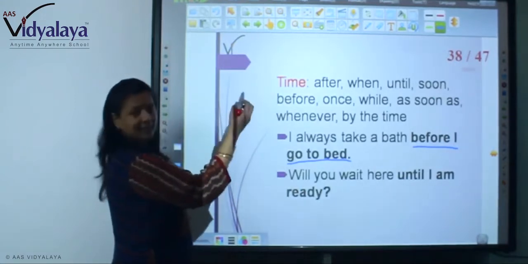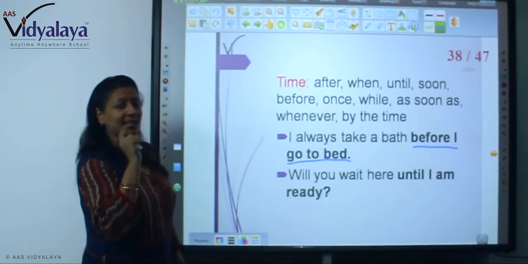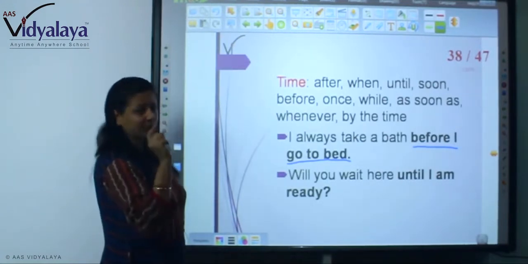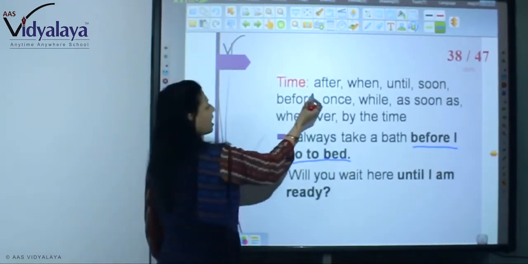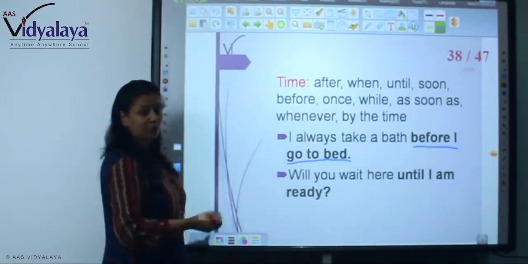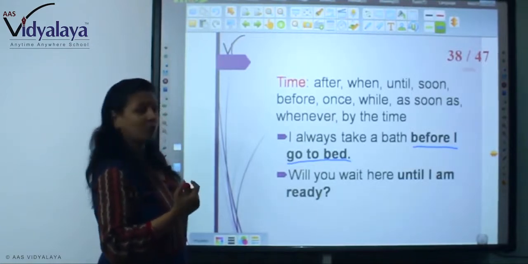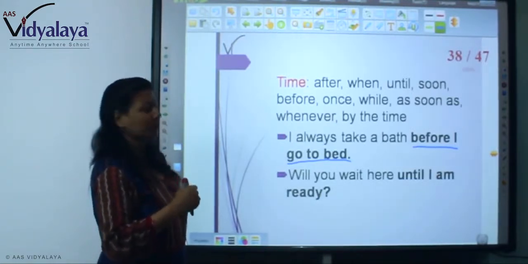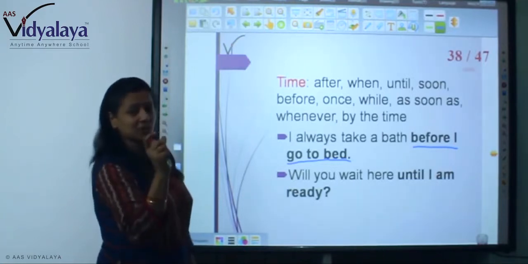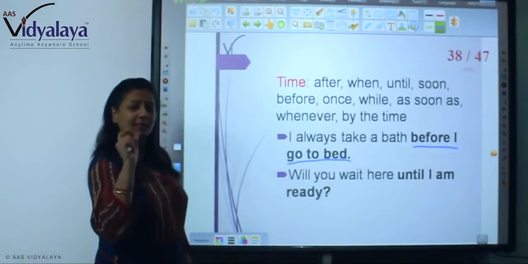There is a list of subordinate conjunctions. An adverb clause must have that conjunction: after, when, until, soon, before, once, while, as soon as, whenever, by the time. These are the subordinate conjunctions which show time.